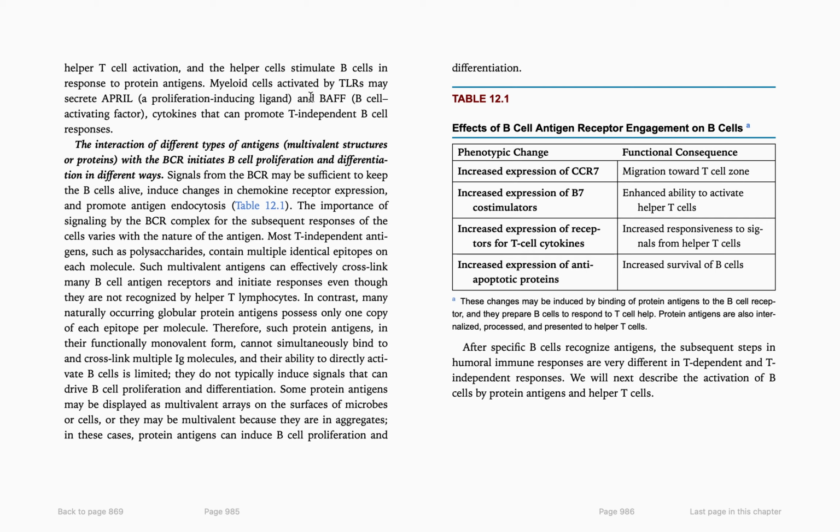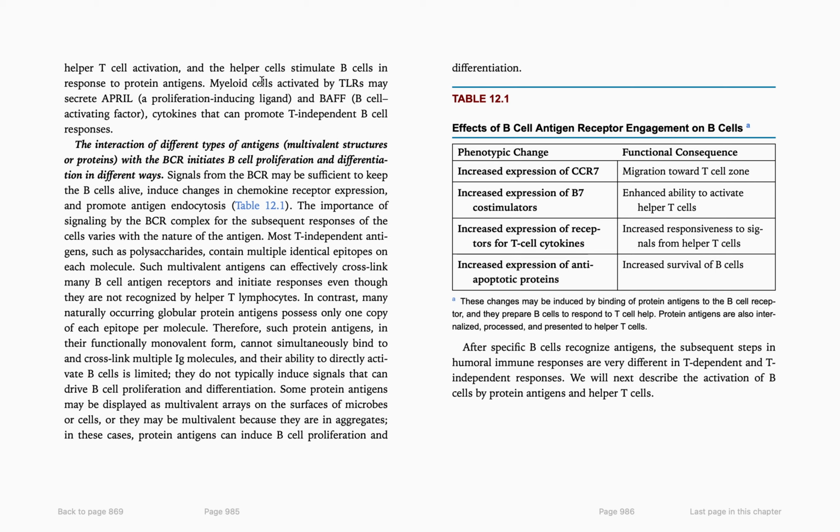Myeloid cells activated by toll-like receptors may secrete APRIL, a proliferation-inducing ligand, and BAFF, B cell activating factor, cytokines that can promote T-independent B cell responses.